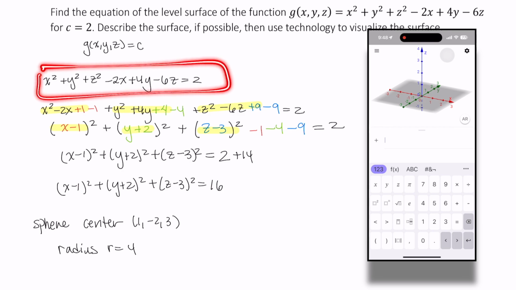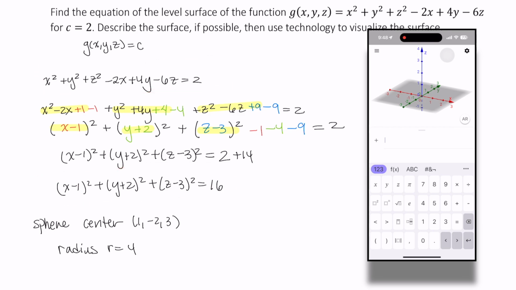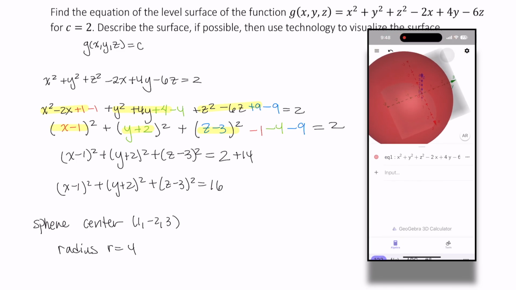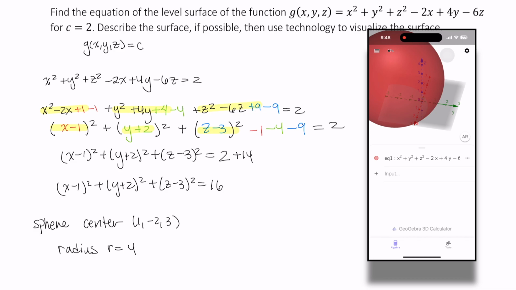I'll start by graphing this one, and you'll see they're the same. So x squared plus y squared plus z squared minus 2x plus 4y minus 6z equals 2. There it is. There's that sphere.